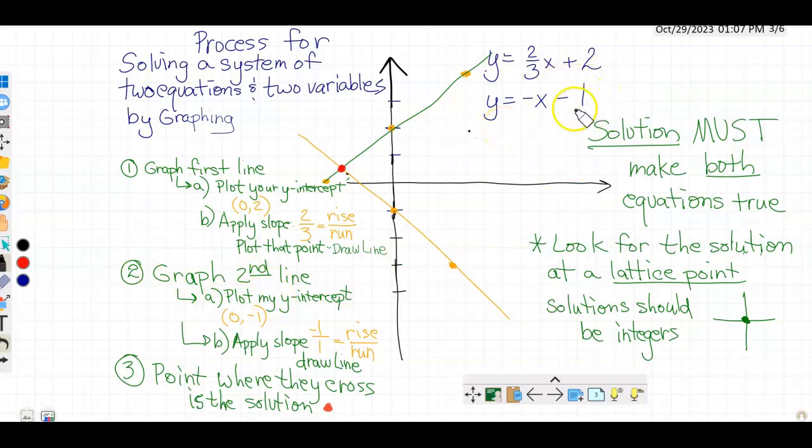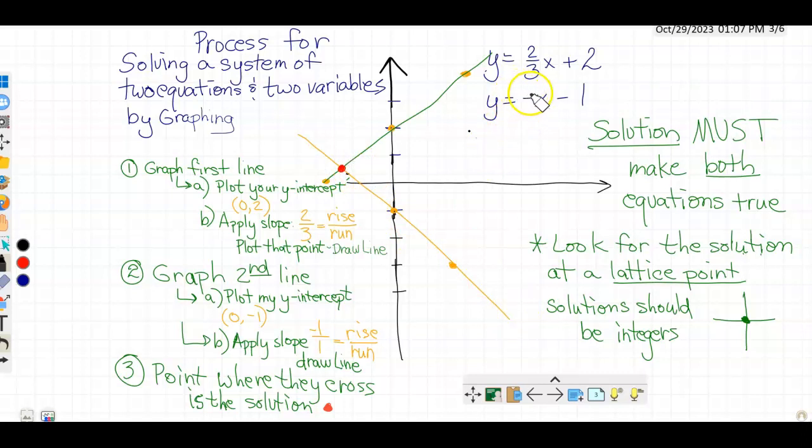So once again, plot your y-intercept, in this case, -1, and then apply your slope, down 1, over 1. Okay, you could plot that point, down 1, over 1, plot that point. And then you can, once again, draw your line.